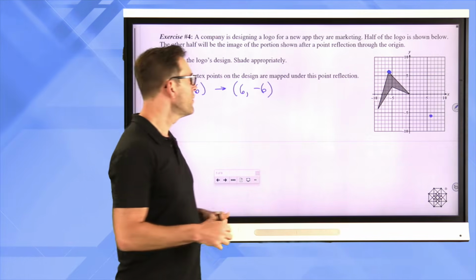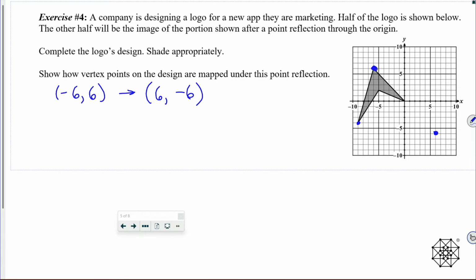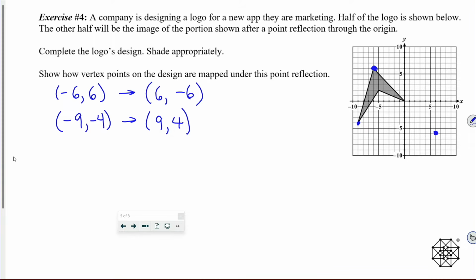All right, well, why don't we do this one next? That's at the point -9, -4. So -9, -4 will become the point +9, +4. All right, this point, which is at -5, +2, will get mapped to the point +5, -2.